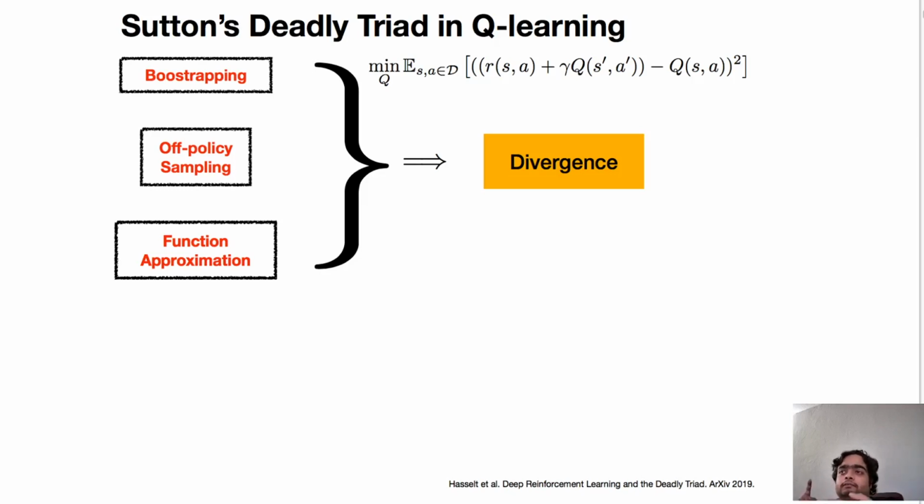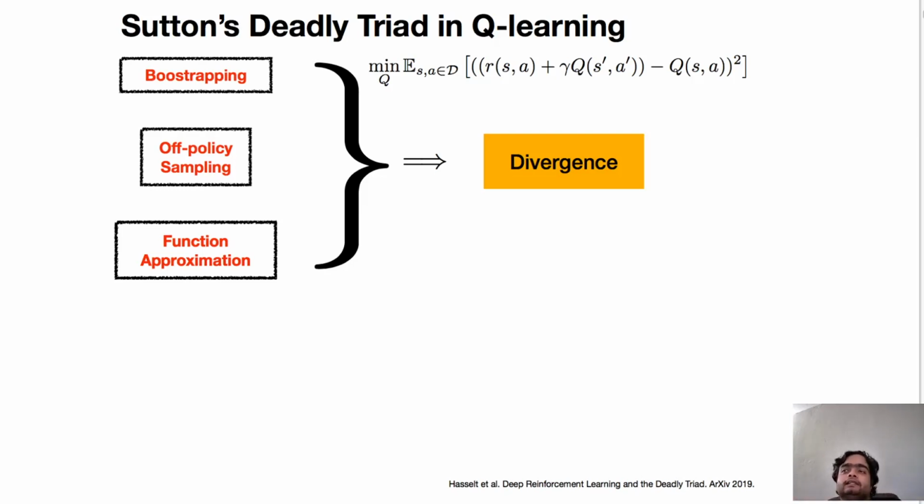Off policy sampling, which means the state action pairs are not drawn from the current policy's marginal distribution, but from some other policy's distribution, which is what happens all the time because we use replay buffers, for instance. And function approximation, which we use all the time because we cannot represent Q functions using tables because our state space is infinitely large.